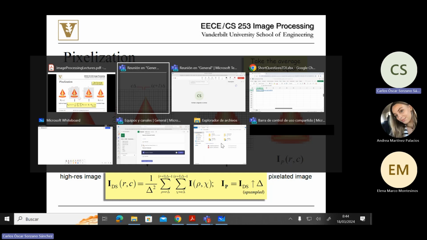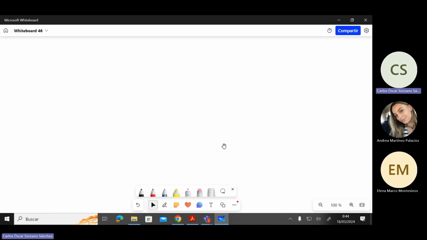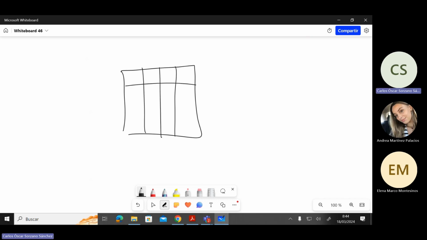Okay, so let's see a little bit of this. Let's say we start with this image that is 4 times 4, with values 0, 1, 3, 0, 1, 3.